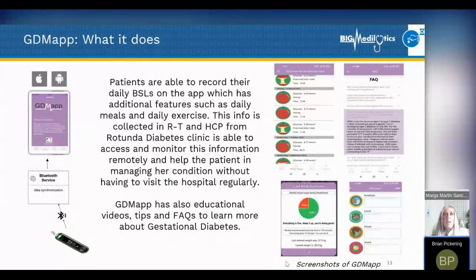In addition, the application has also some education material, such as videos, tips, and frequently asked questions, so the patients can learn about the GDM disease.